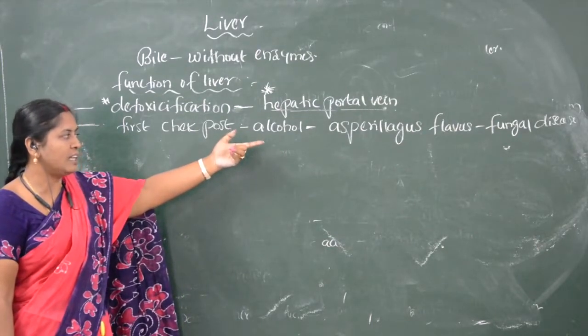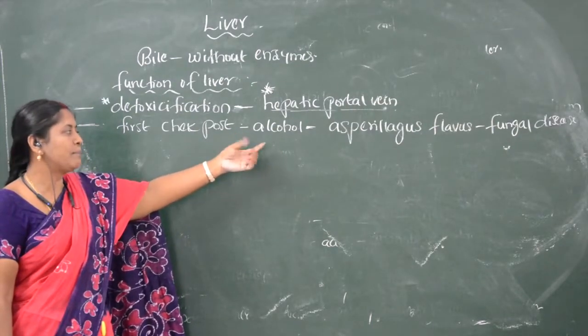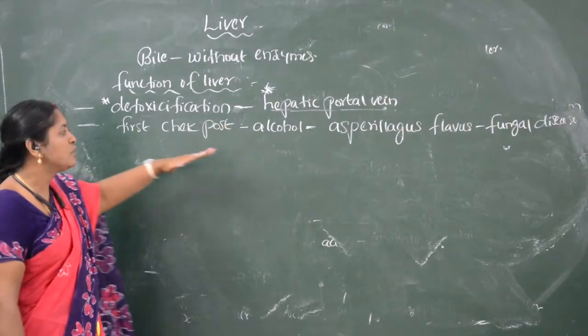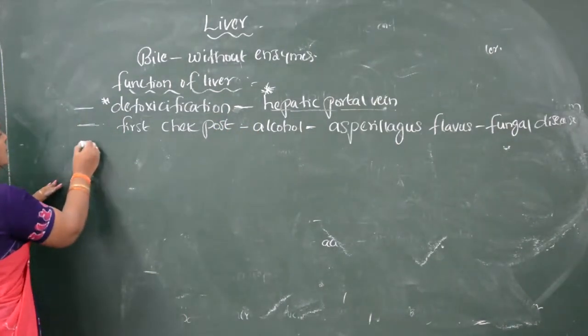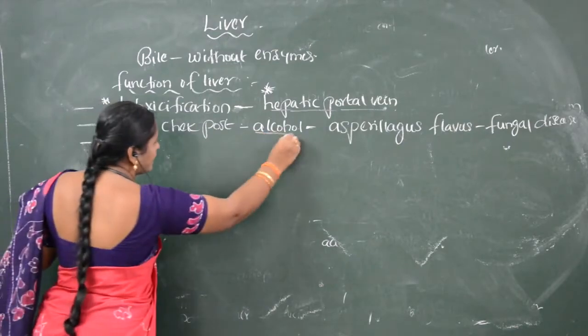It affects the liver cells and even sometimes causes cancers. So this is one of the effects, as with persons continuously drinking alcohol.